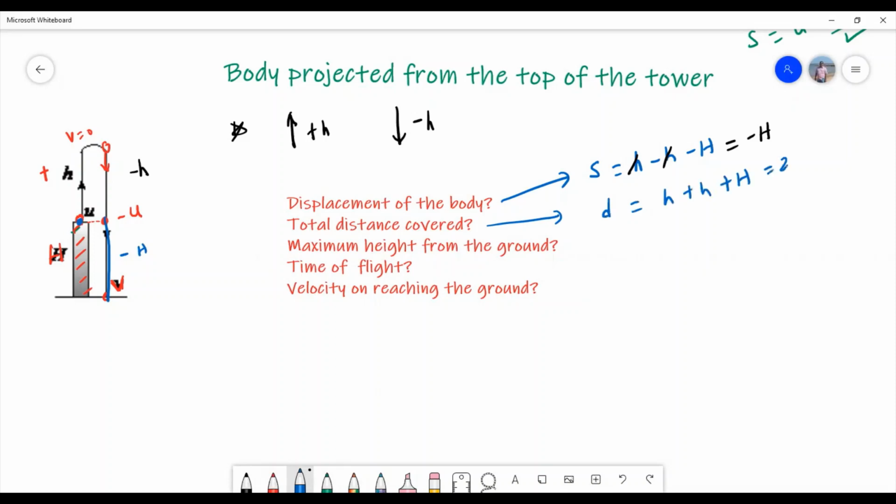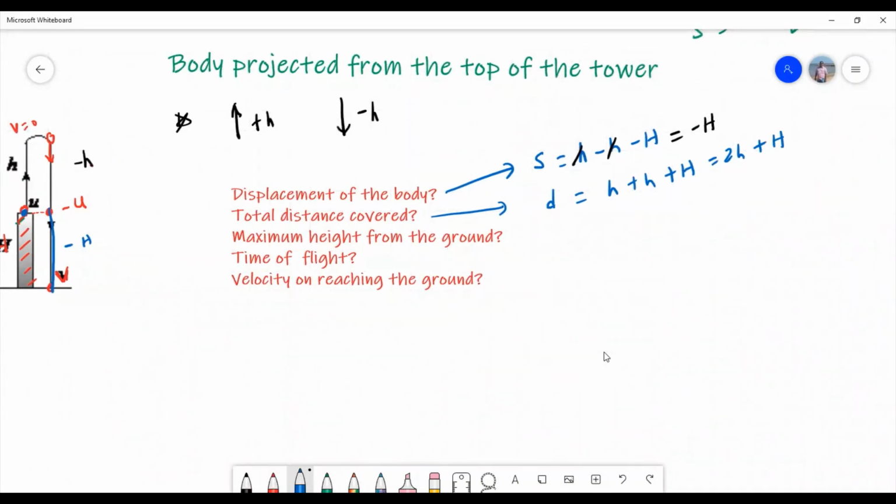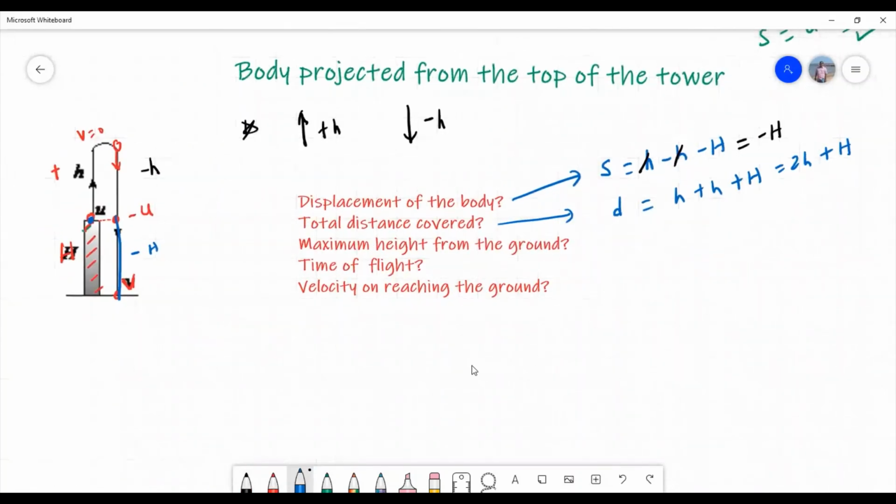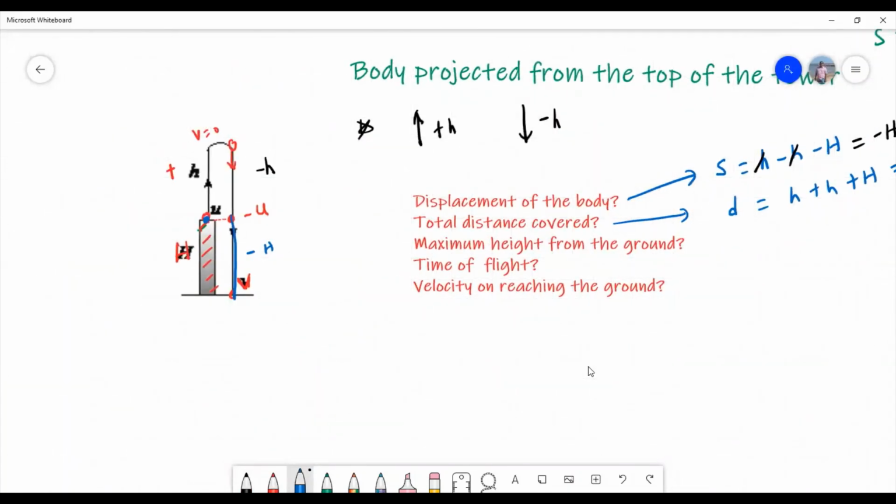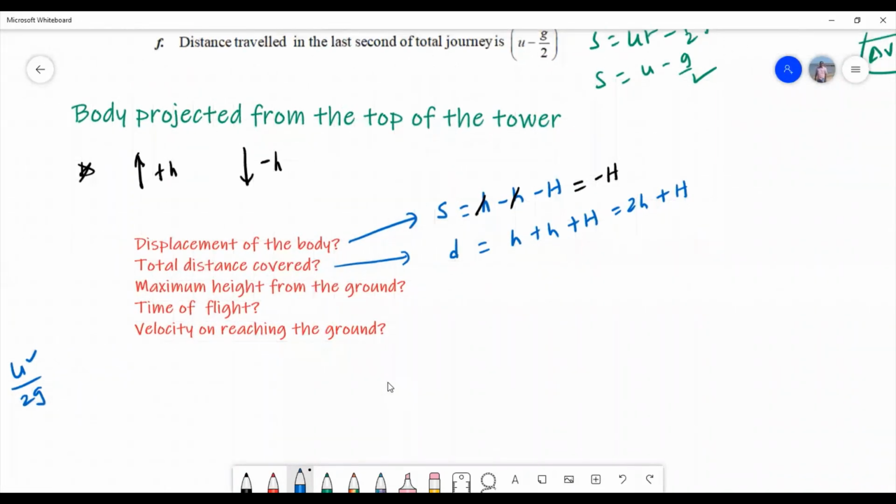Since it is a scalar, there is no need to follow any sign conventions. For a body projected with a velocity u, the maximum height reached H can be written as u square by 2g. In the same way, the total distance traveled is 2 times u square by 2g plus h.